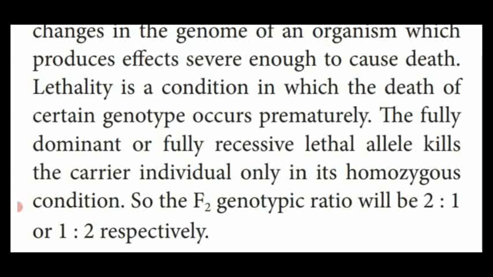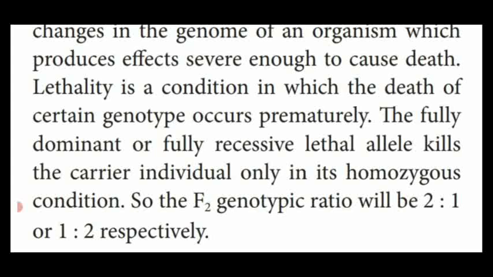That's why the F2 genotypic ratio is modified into 2:1. So 2:1, now what condition is this? This is the dominant lethal, that is the meaning. Two intermediate stage. The last one, what is it? Recessive parent. Okay.